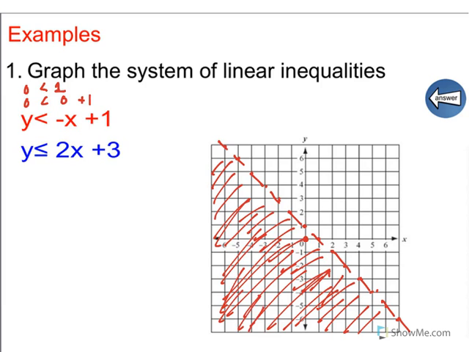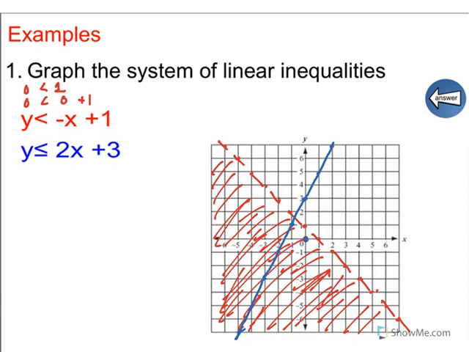Okay, for my second one, this says start at 3. This one has a slope of positive 2. So it says go up 2 and right 1, or go down 2 and back 1. Because it's less than or equal to, it's a solid line. I use my test point again of 0, 0, which is right here.